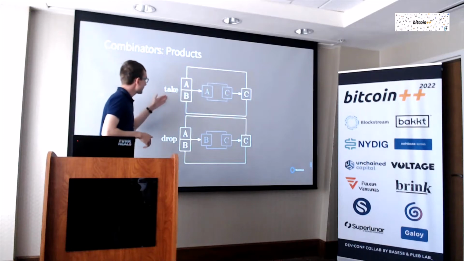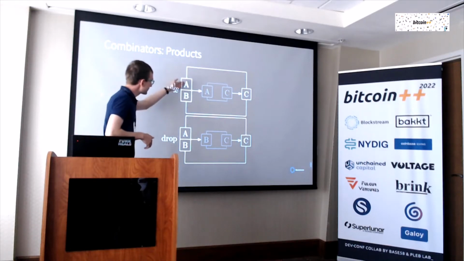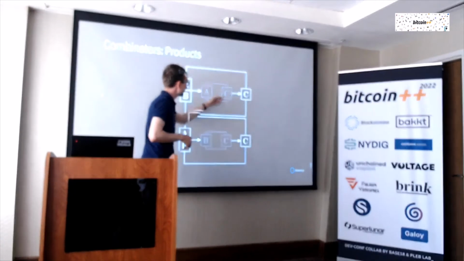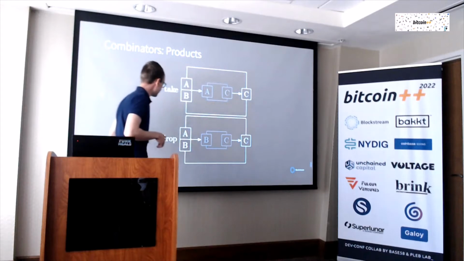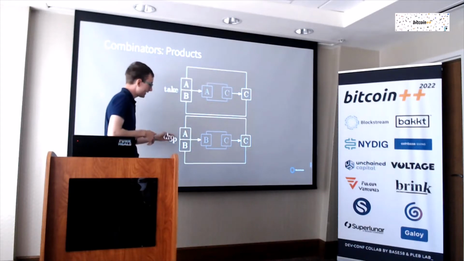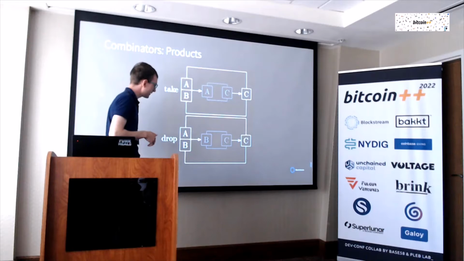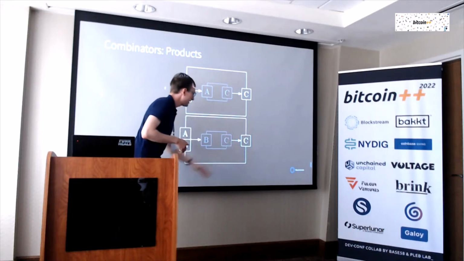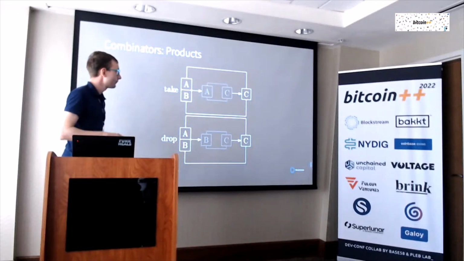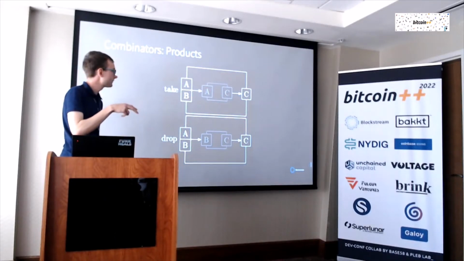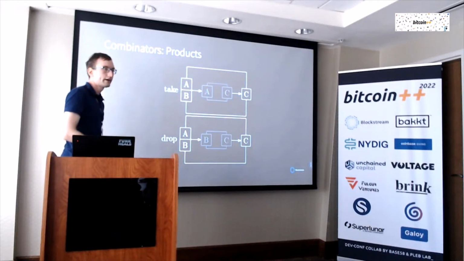And so the take combinator takes the first element of the pair and then applies the circuit onto it, uses C, and the drop combinator drops the first argument, uses the second element, and applies a function to it. Again, very natural. We select what we want to use in the pair, and then we apply a function on it.